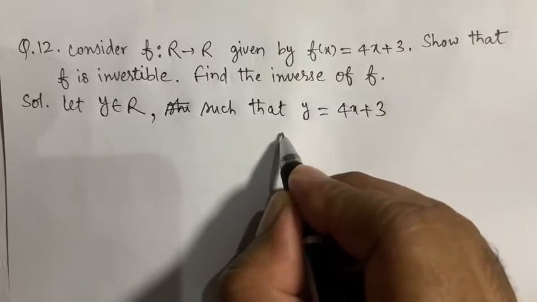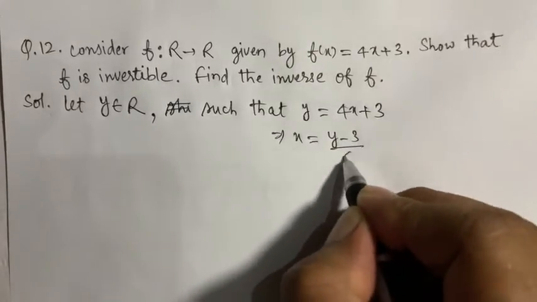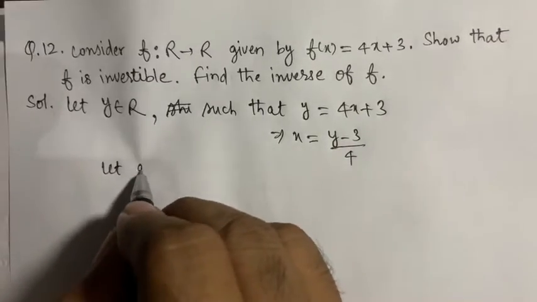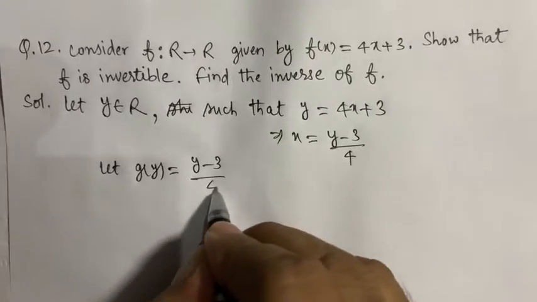Now we will express x in terms of y. x is equal to (y minus 3) by 4. We will suppose g(y) is equal to (y minus 3) by 4.